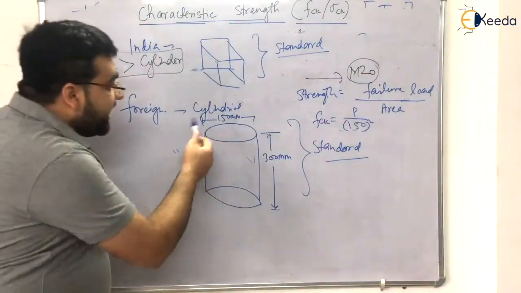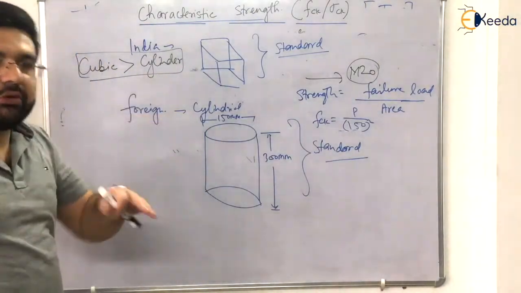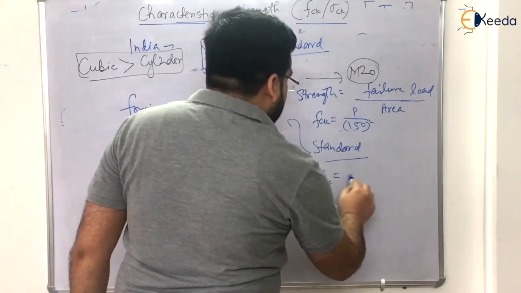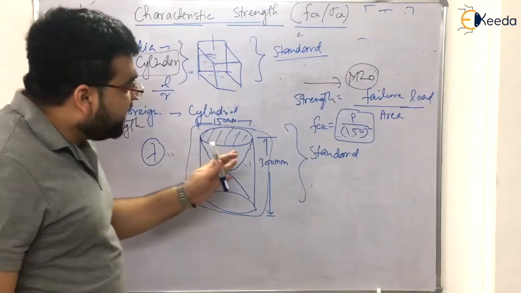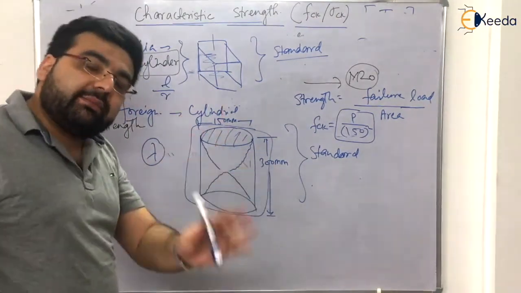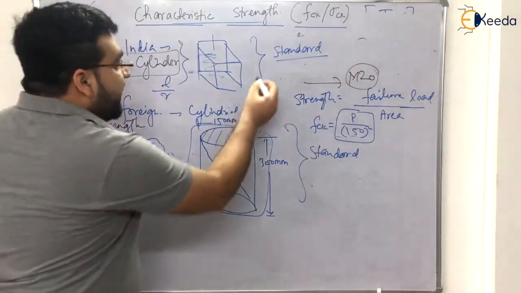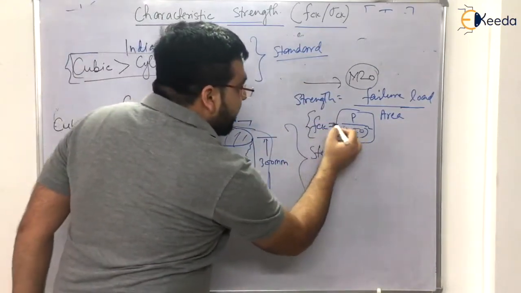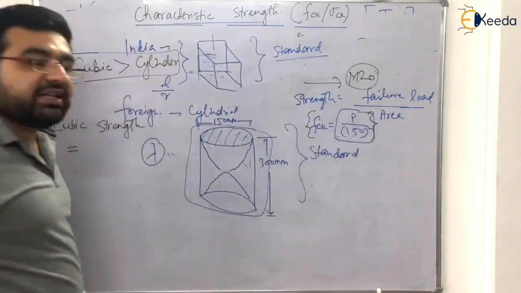Simple. But in case of a cylinder, if you are applying the same load P, in case of the cube you are applying load P and the stress was coming out to be P by 150 square, right?